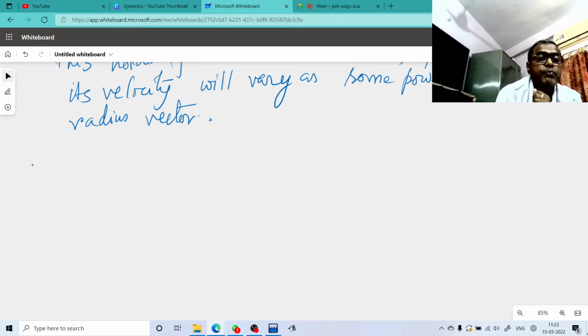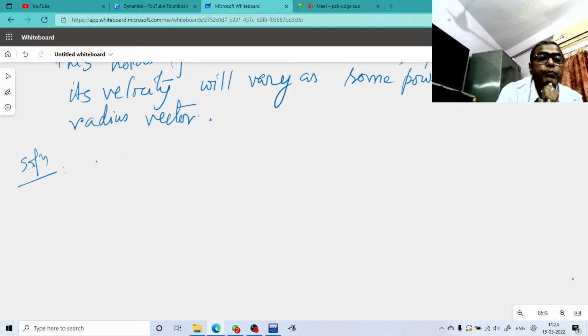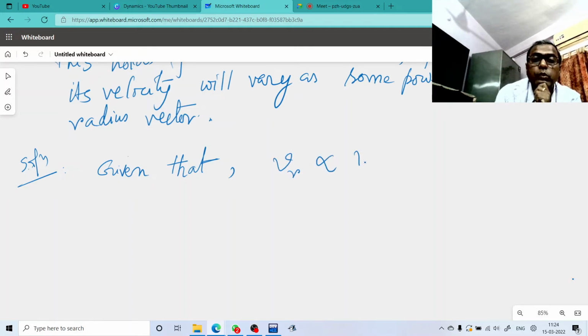Draw the figure as usual before. Given that radial velocity is proportional to cross radial velocity.